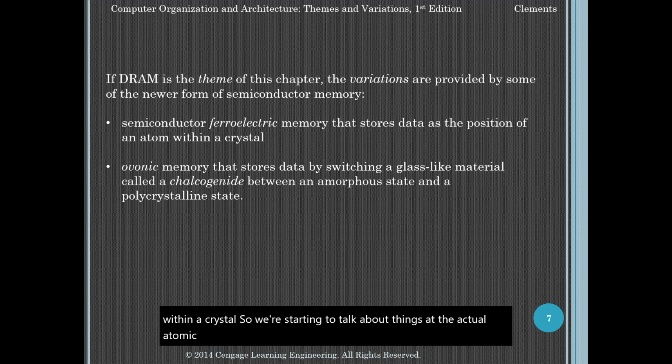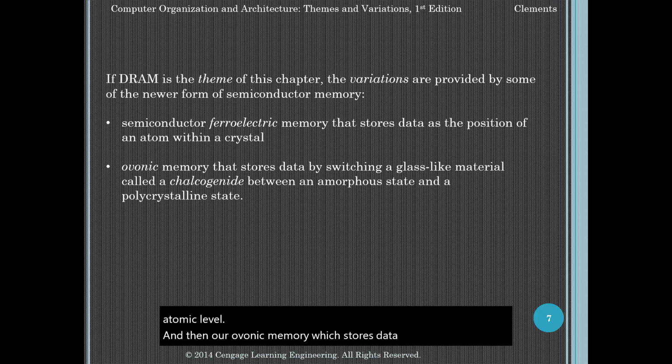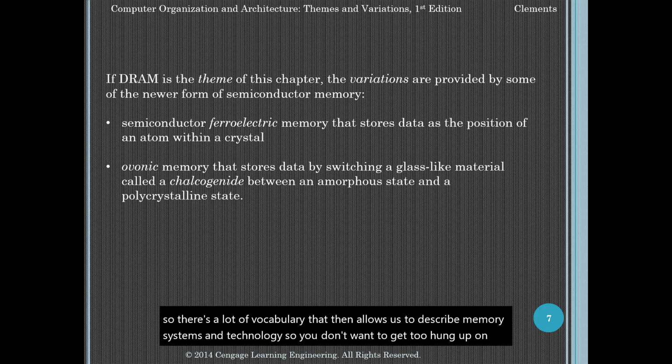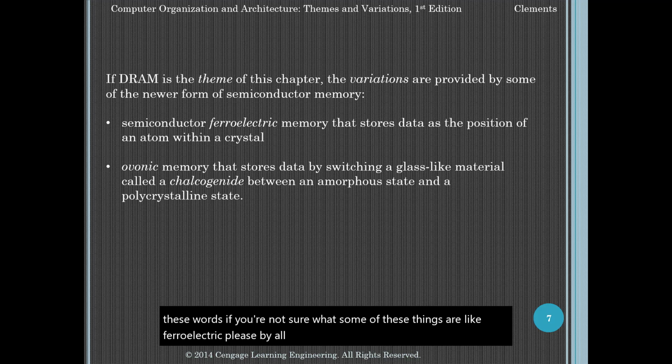And then we have ovonic memory, which stores data by switching a glass-like material between an amorphous state and a polycrystalline state. There's a lot of vocabulary that allows us to describe memory systems and technology, so you don't want to get too hung up on these words. If you're not sure what some of these things are, like ferroelectric, please, by all means, Google them so that you can get a better idea of what we're talking about.